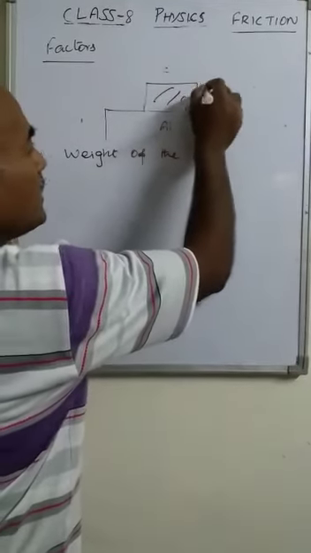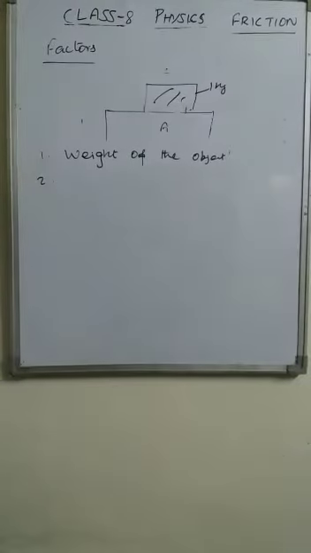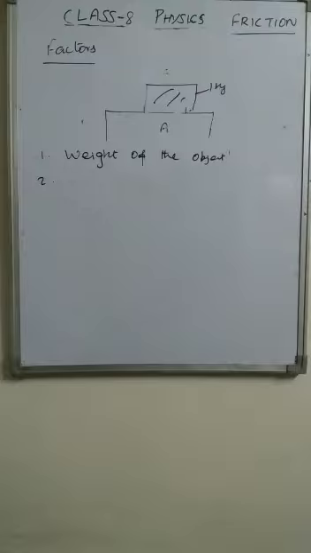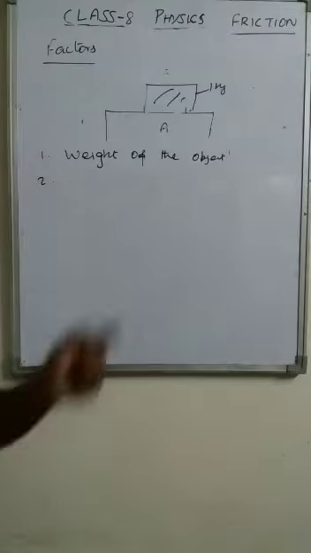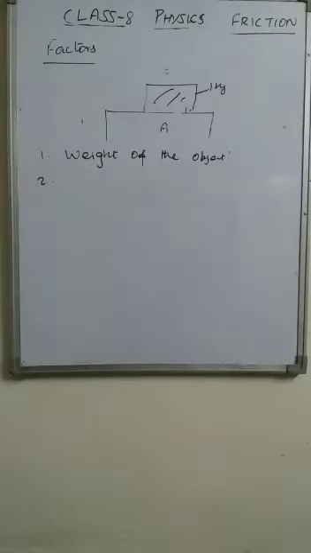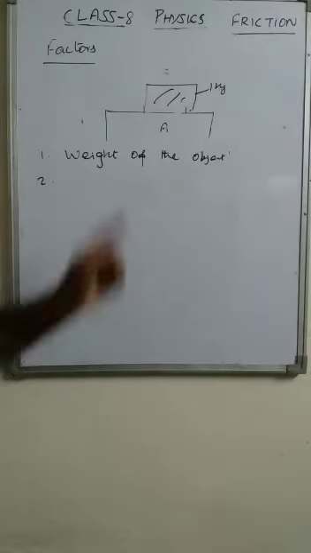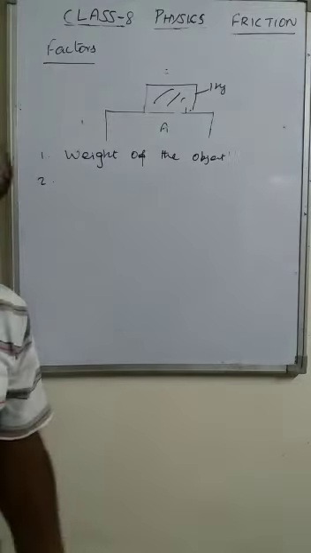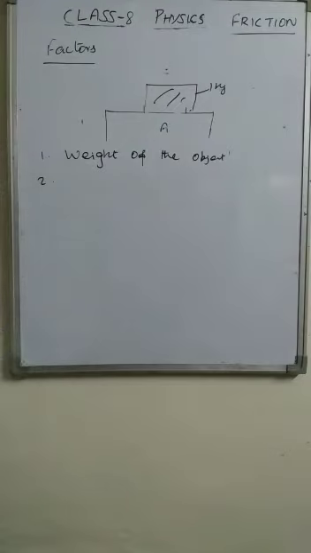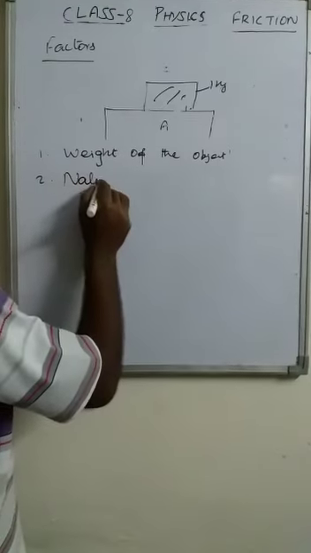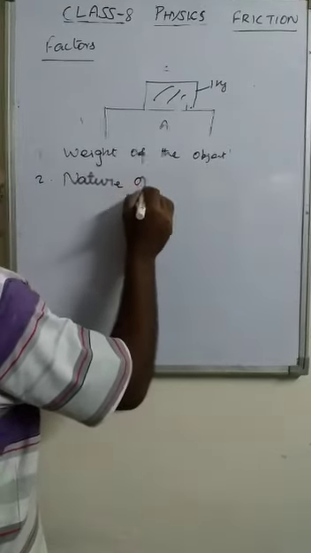Again it is 1 kg, but here the material is changed. When the material changes, the nature of the surface also changes. On changing the nature of the surface, we again find the friction is different. So it depends on the nature of the surface also.